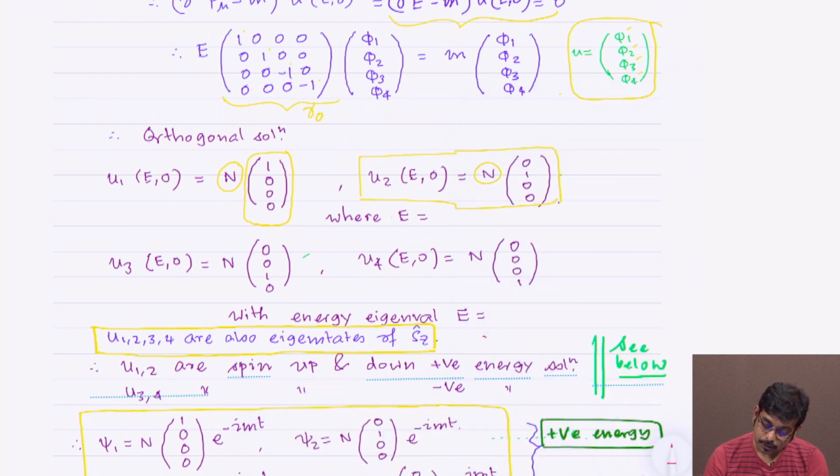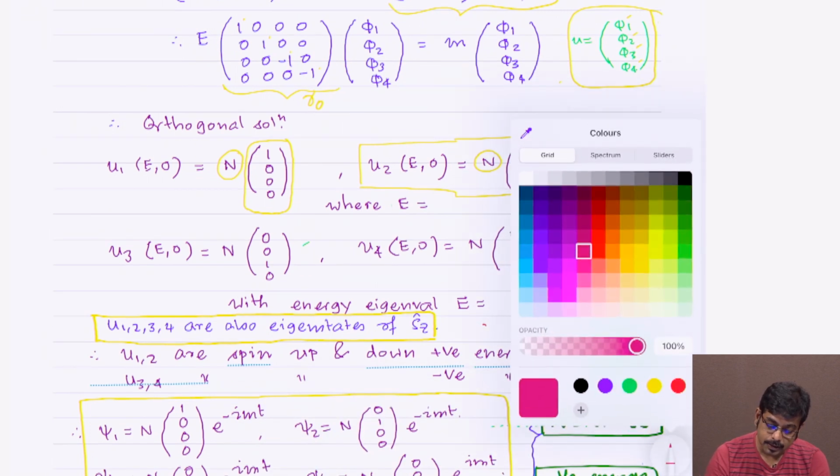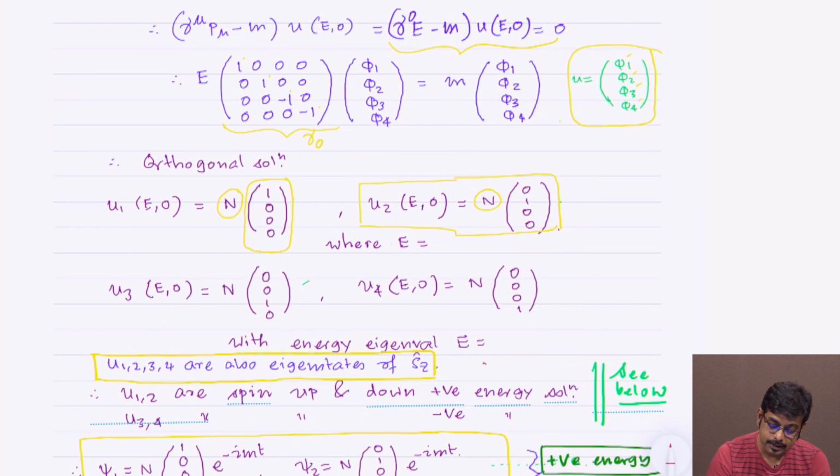Now, this is also very easy to see, because you see the gamma 0 matrix is 1 1, and if you put in this 1 0 0 0, it is very easy to check that E is going to be plus m for these two particular choices of u 1 and u 2.